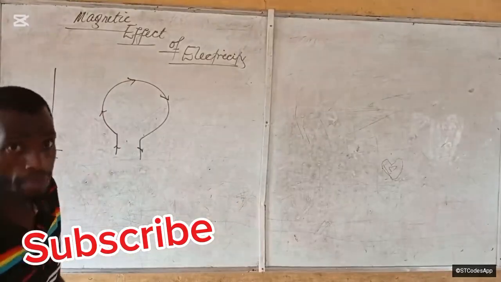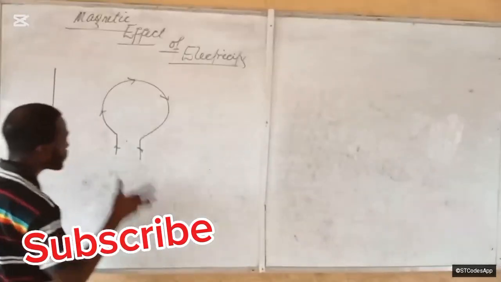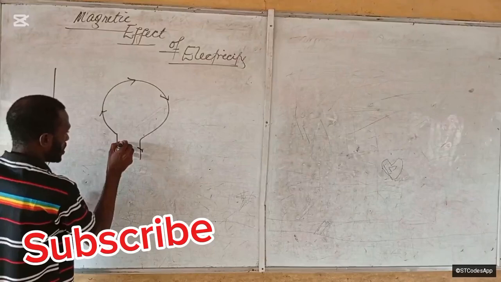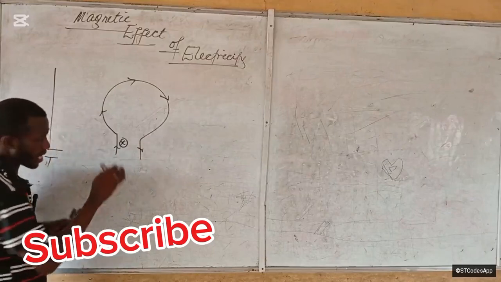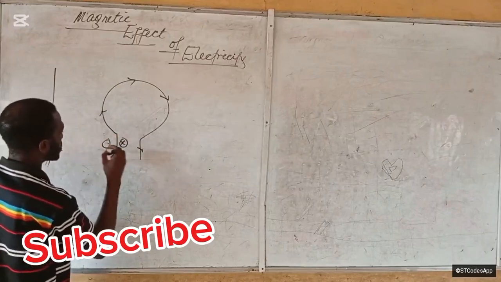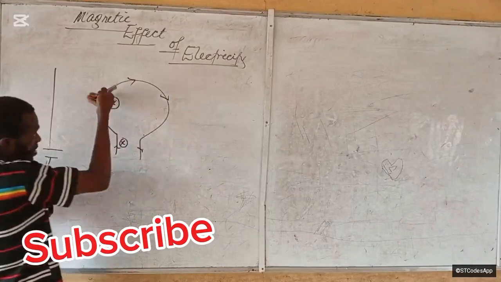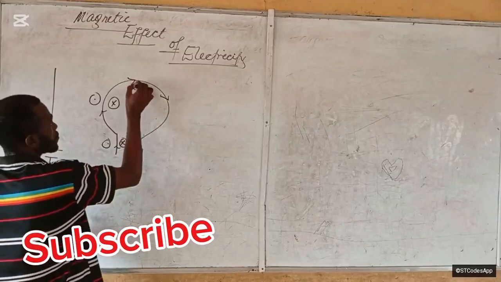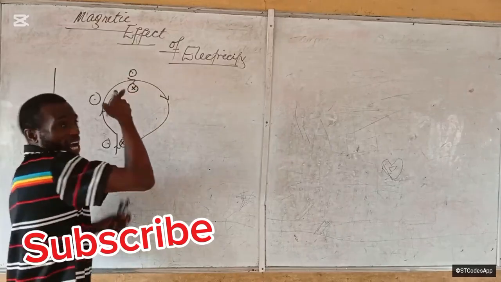So using the same first right-hand rule, if we hold it here, it's going to be into the board on this side, out of the board on this side, into the board on this side, out of the board. So everywhere inside the loop, the magnetic field will be into the board, and everywhere outside the loop, out of the board.